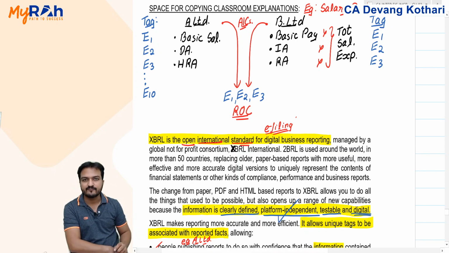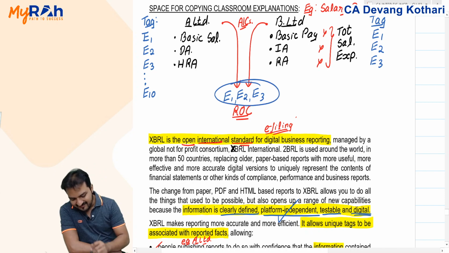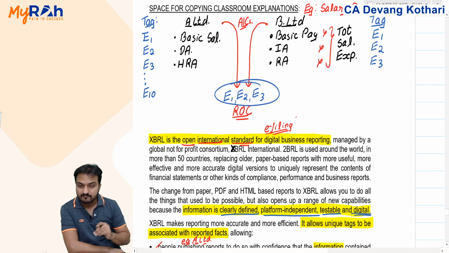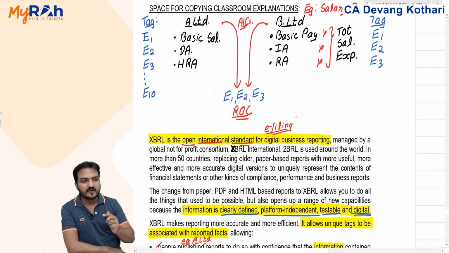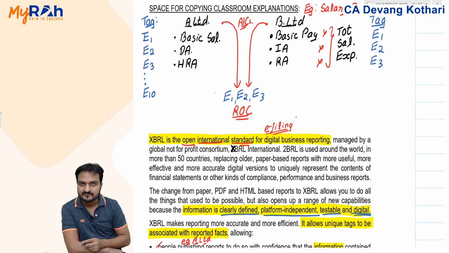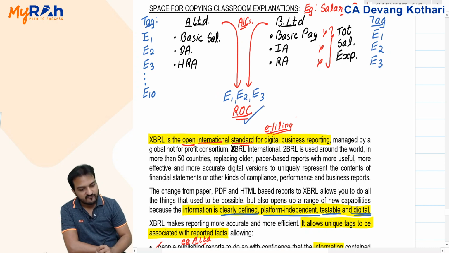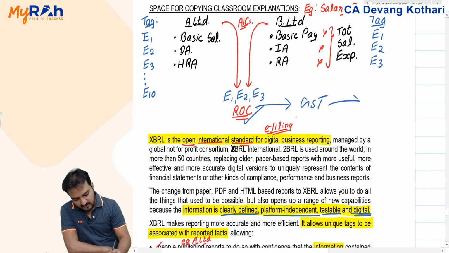Platform independent, because whatever data ROC will collect can be used by ROC. Yes, it can also be used by other government regulatory bodies. For example, ROC will also share this data with the GST department. They will also share this data with the income tax department.